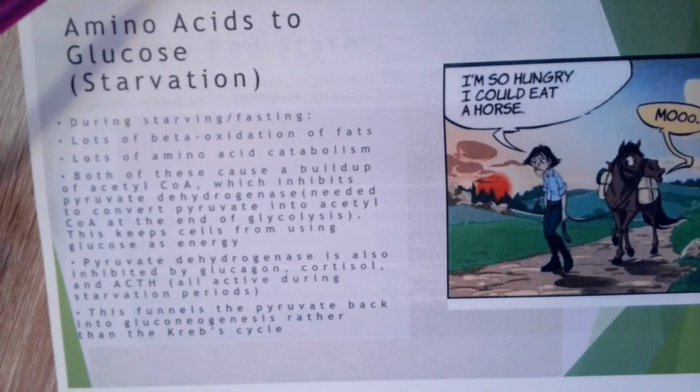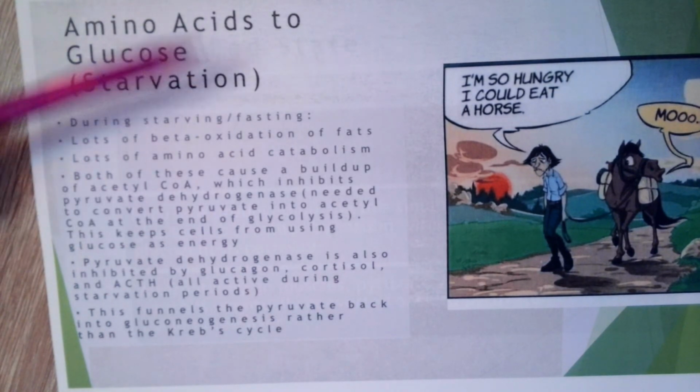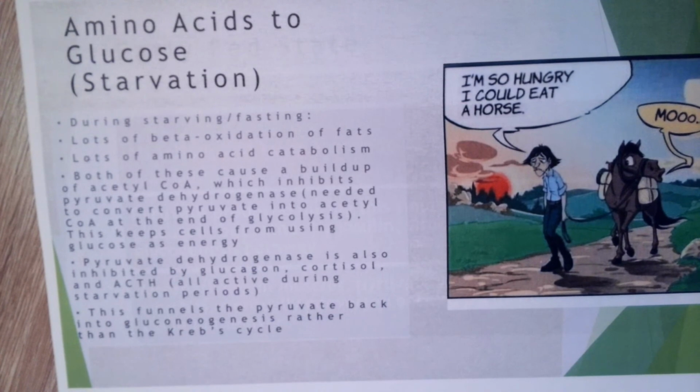So when you inhibit glycolysis, that's something that we do when we have a lot of energy, right? But we're also doing it when we don't have a lot of energy, if that makes any sense. The whole thing is that when you have not enough energy, you don't want to do glycolysis because you don't have glucose handy, right? You want to run it backwards so that you can create more glucose.